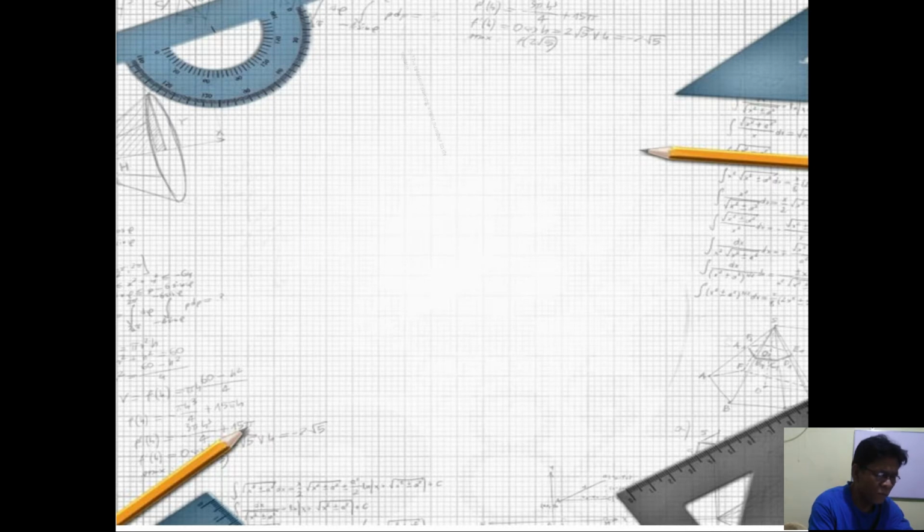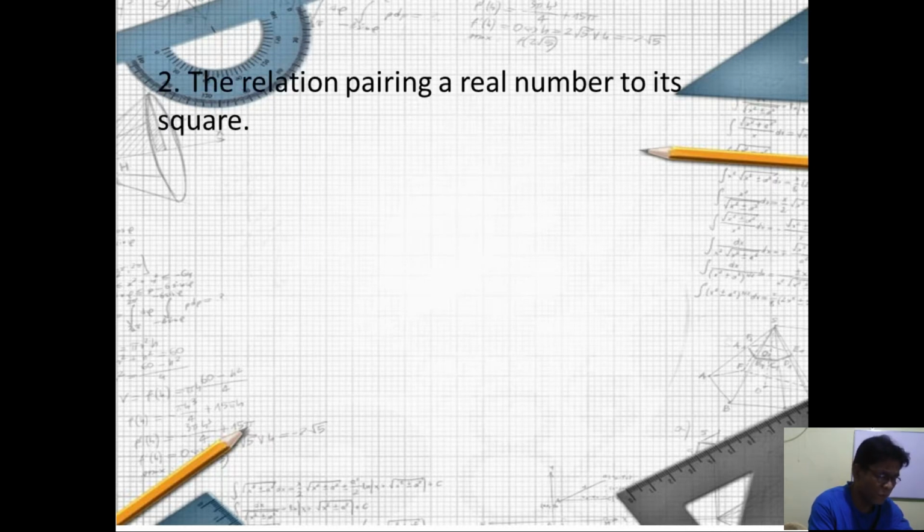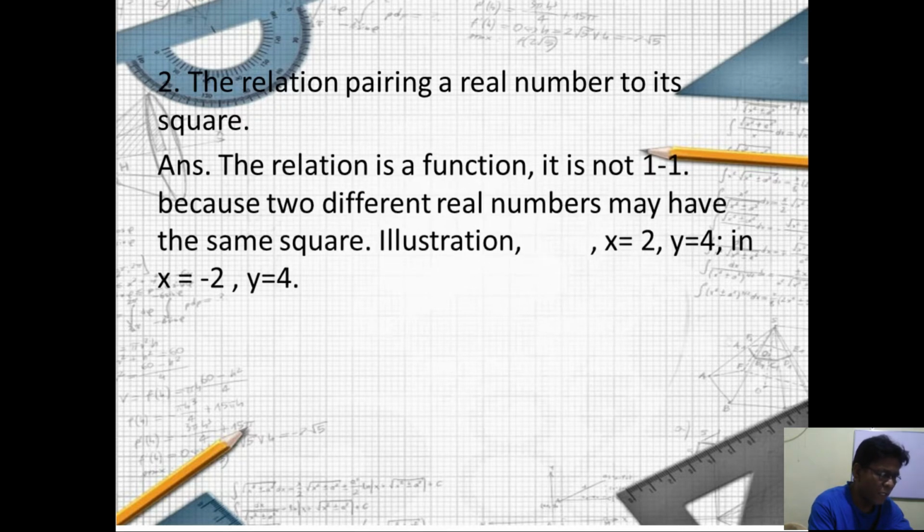Okay, number 2. The relation pairing a real number to its square. The answer is, the relation is a function but it is not one-to-one because two different real numbers may have the same square. Illustration: y = x^2.